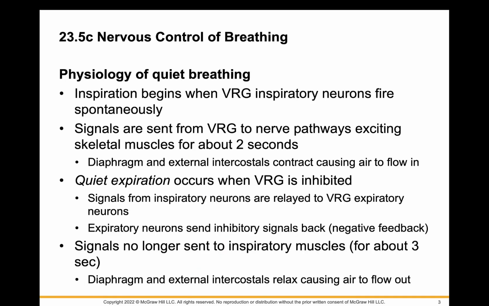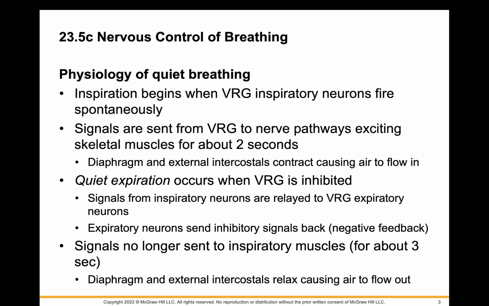Now, when we look at quiet breathing, inspiration begins with ventral respiratory group inspiratory neurons that fire spontaneously. These signals are sent from the ventral respiratory group to nerve pathways, exciting skeletal muscles for about 2 seconds. The diaphragm and external intercostals contract, causing air to flow in.